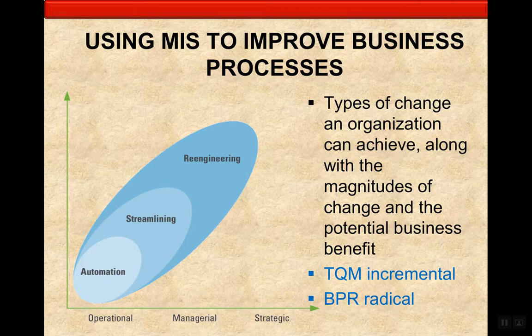So automation and streamlining are an incremental focus, whereas re-engineering becomes a radical redoing. But you saw a lot of organizations engage in it. A lot of organizations now are really the product of that business process re-engineering.